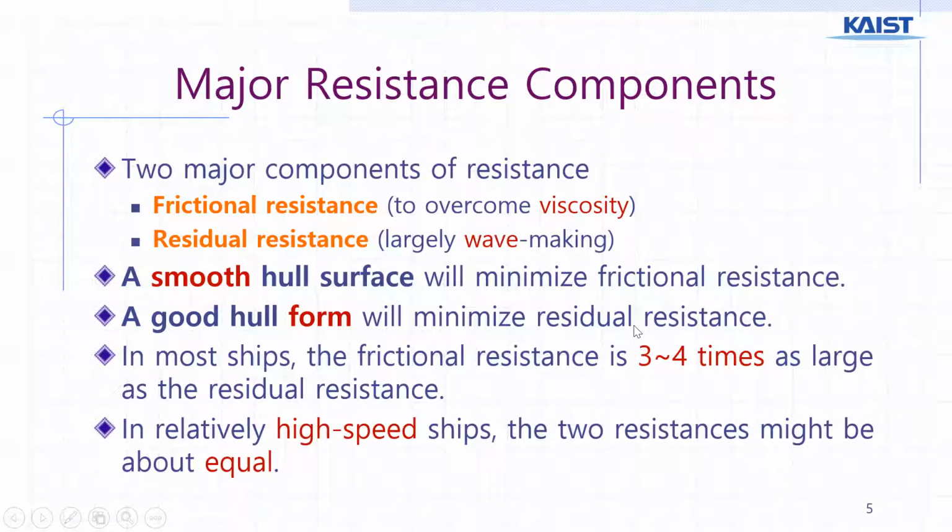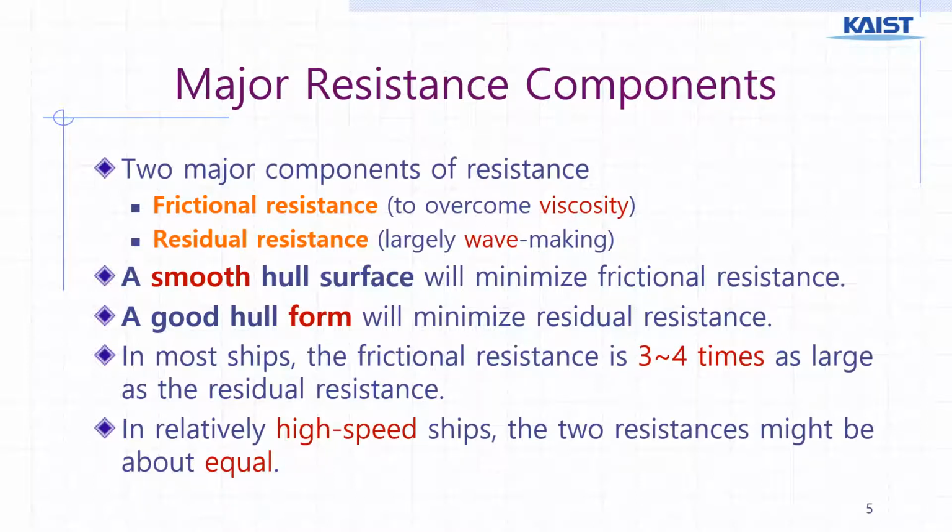Residual resistance depends on the shape of the hull form, whereas frictional resistance depends on the area of the surface. Anyway, in most ships, frictional resistance is 3 or 4 times as large as residual resistance. That is not true, actually. It depends on the speed and also the Reynolds number. As I told you, for a high-speed vessel like a Navy frigate, wave-making resistance is bigger.